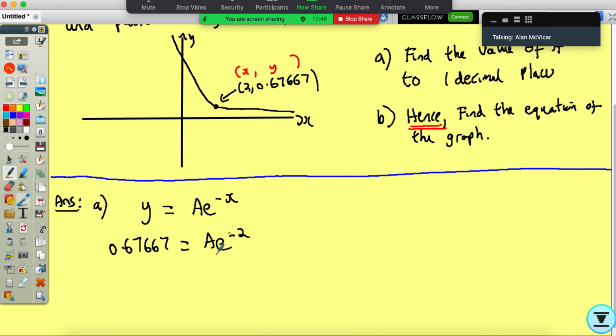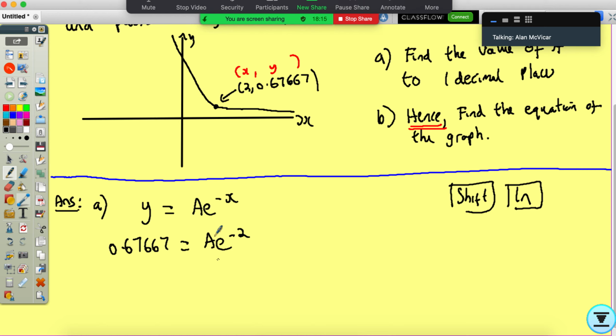Right, so I could work out e to the power of negative 2 in my calculator if I really wanted. Right, remember, to get e on your calculator, you press shift and then ln. Right, because ln and e are the opposite of each other. Right, so it's shift and then ln. Right, now I personally wouldn't do that, but if I did it like that, it would give me 0.135 and a whole lot of other stuff.